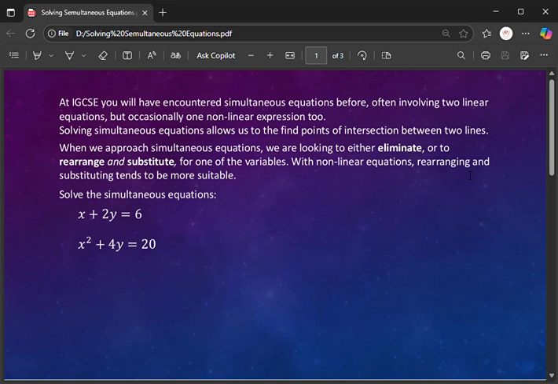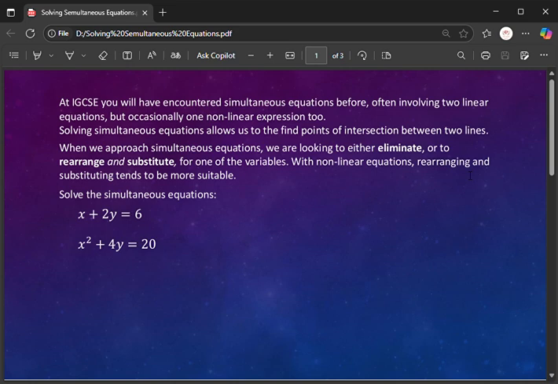Now, all the methods of simultaneous equations work given the type of the equations you're dealing with. If they are linear, it works. But in this situation, we have one linear and one quadratic. Remember, in our very first session, we talked about how to differentiate between linear and quadratic. We said linear doesn't have a power, or the highest power is 1, just like you see in equation 1.